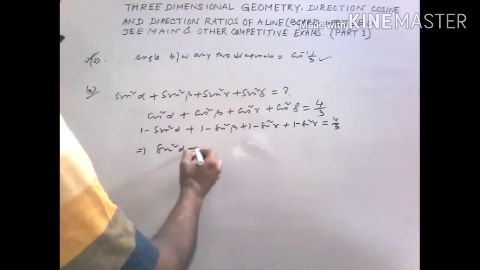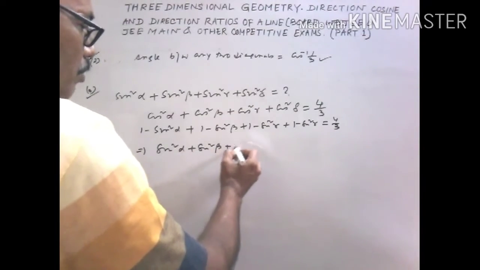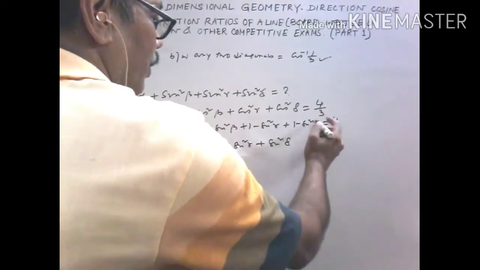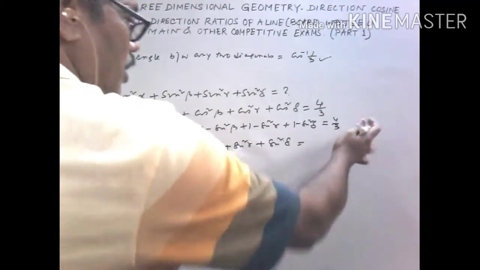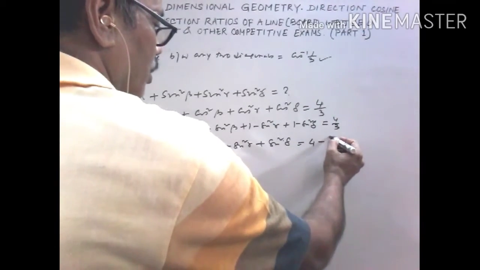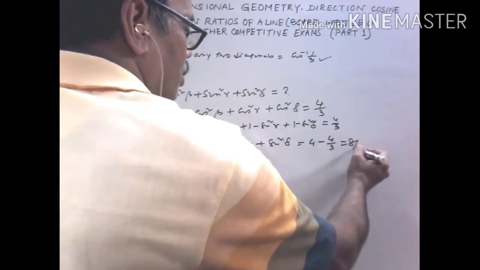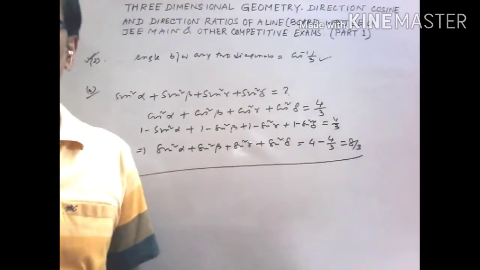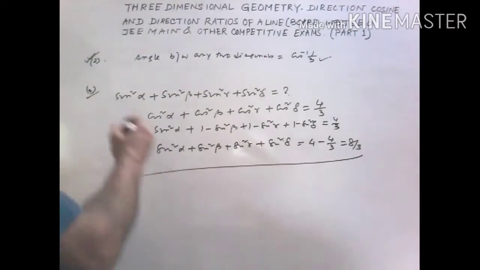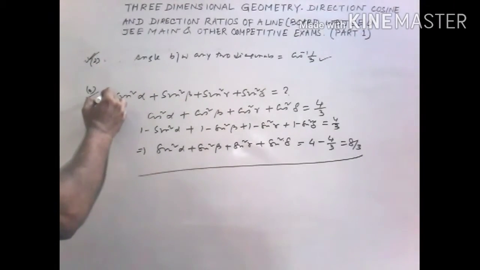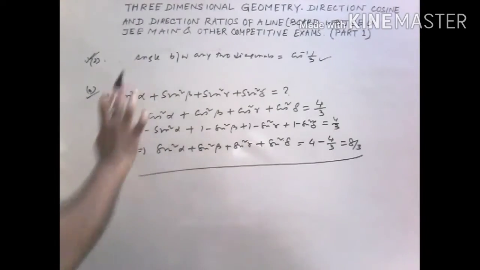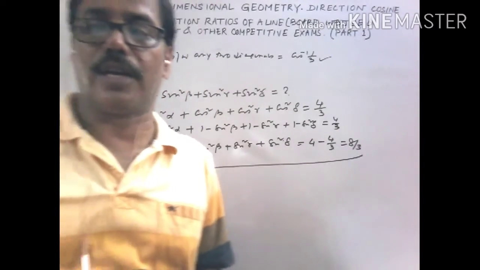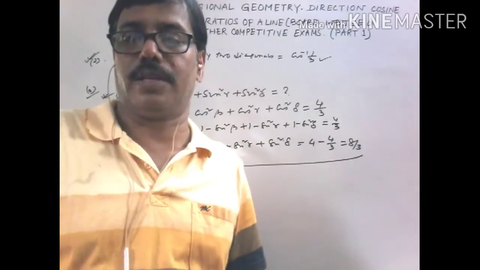So this implies sin square alpha plus sin square beta plus sin square gamma plus sin square delta equals, taking to the right hand side, 4 minus 4 by 3. So this is 8 by 3. In terms of sin, this one is 8 by 3. So we have to recall this result. What is the standard result? Cos square alpha plus cos square beta plus cos square gamma plus cos square delta equals 4 by 3.